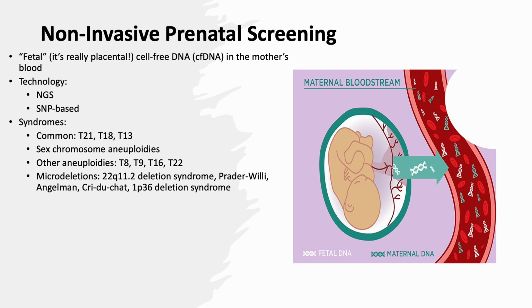The screening is effective for detecting several genetic conditions. The most common syndromes we look for include trisomy 21 or Down syndrome, trisomy 18, and trisomy 13. We also screen for sex chromosome aneuploidies and other aneuploidies, including trisomy 8, 9, 16, and 22.